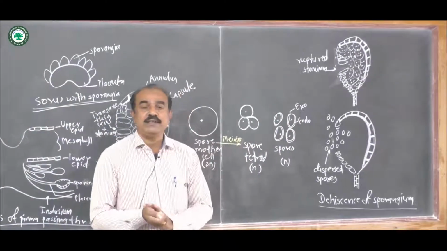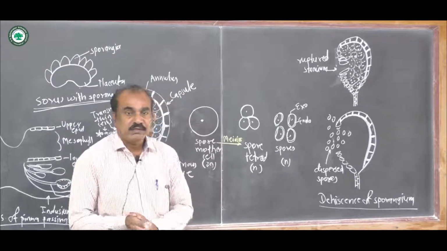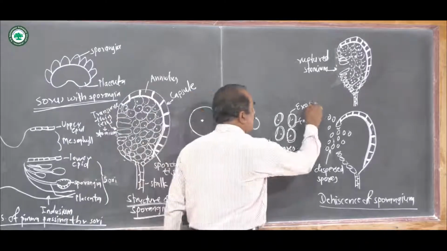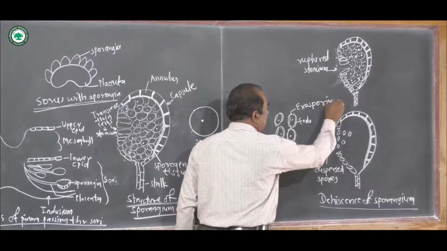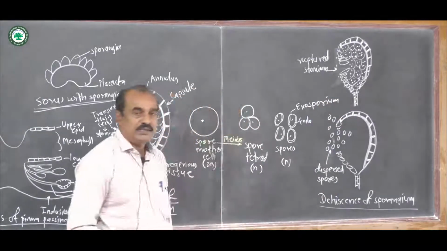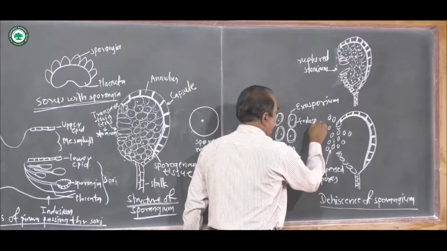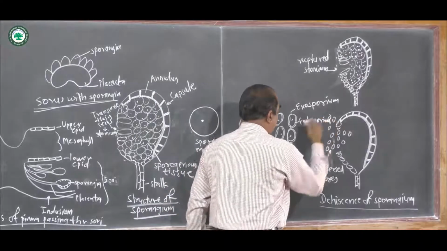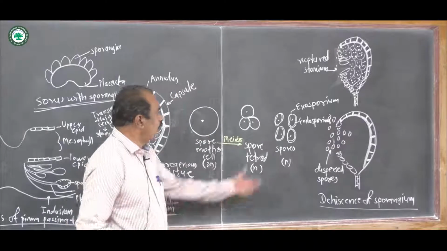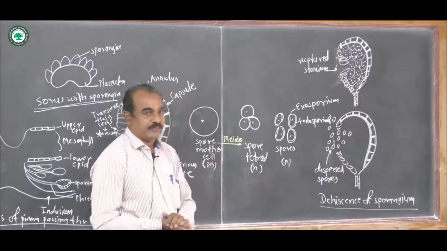The outer wall layer is very thick, sculptured, and is called the exosporium, while the inner wall is very thin, delicate, and is called the endosporium. This is about the structure of the spore, which is haploid in nature.